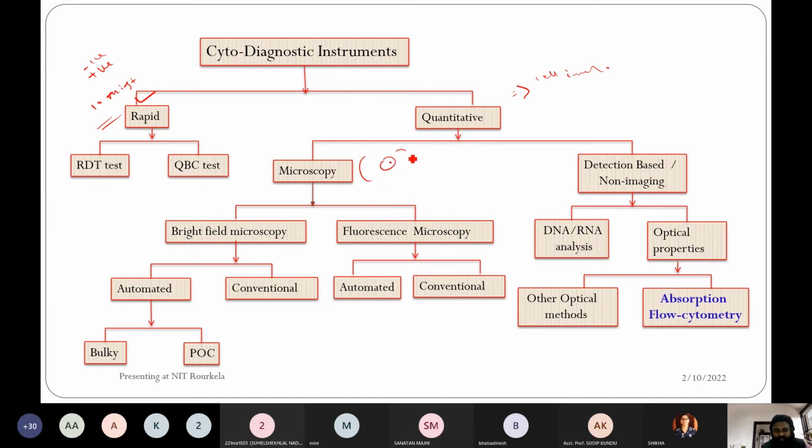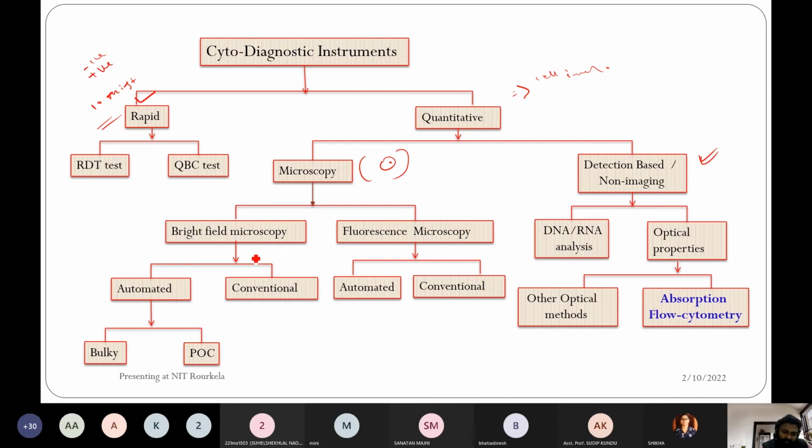One more category we can classify is detection-based, or non-imaging systems. Non-imaging means you get only the change of intensity. Further, in microscopy there is bright field microscopy, fluorescence microscopy, confocal microscopy, two-photon microscopy, and many more, depending on the complexity.